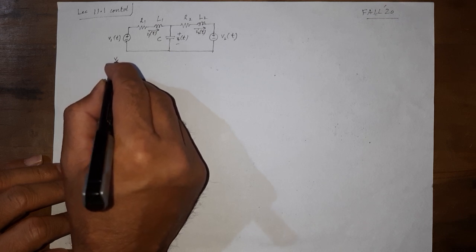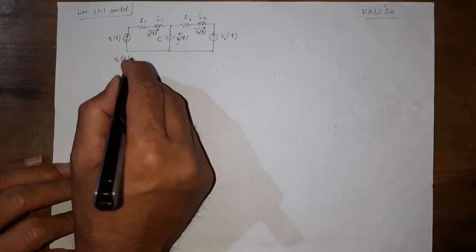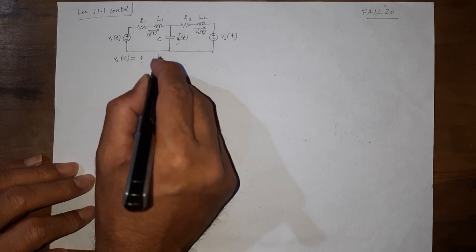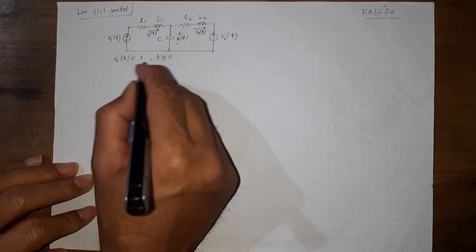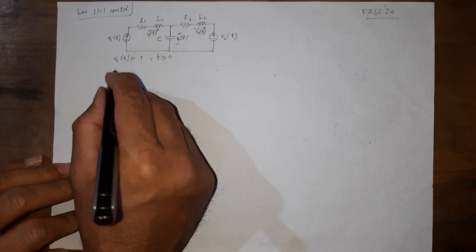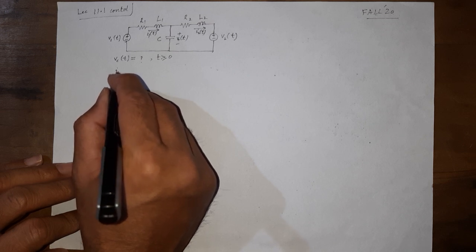So although we want to find VC(t), the problem is still the same, but now I must know the initial values.